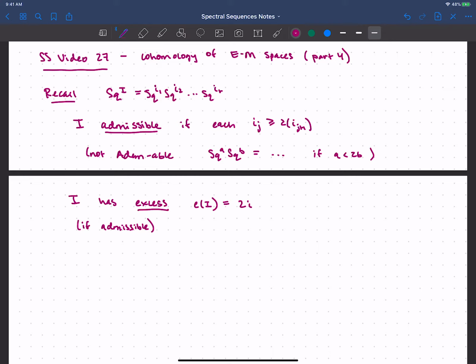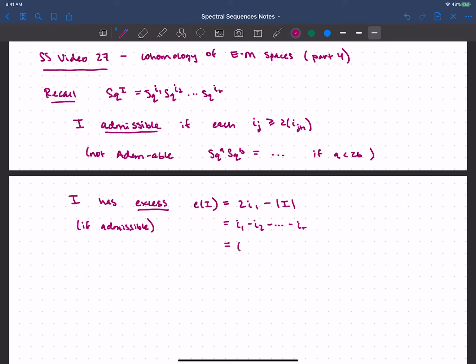So we said you can take 2 times the first spot minus the degree of I, so that's just the sum of all the terms. And if I write that out, then I'll have a minus I1, so the 2I1 cancels, I've got just a single I1, and then I subtract off I2, and so on up to IR.